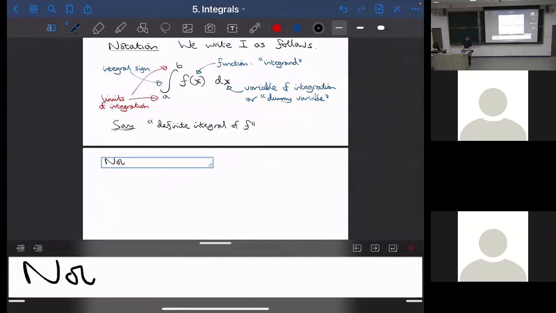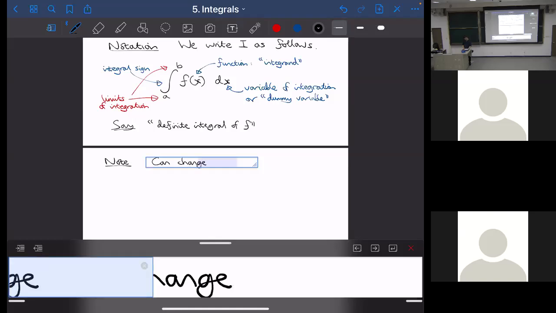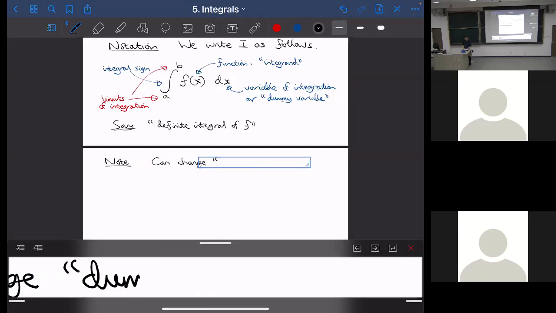So note, we can change the dummy variable.